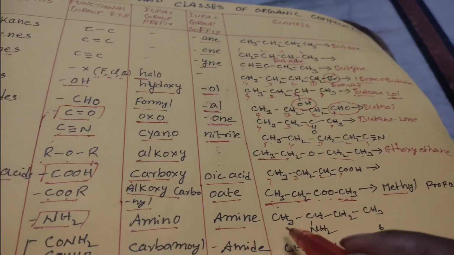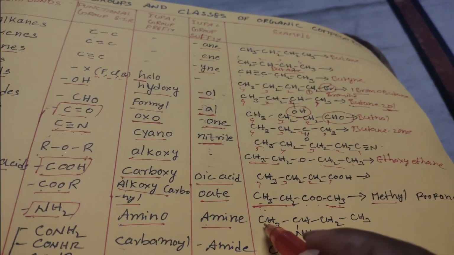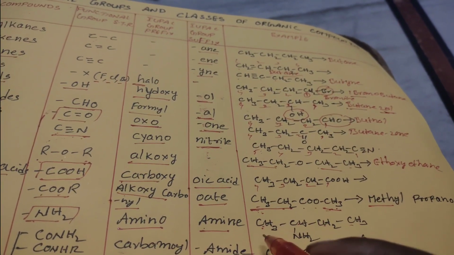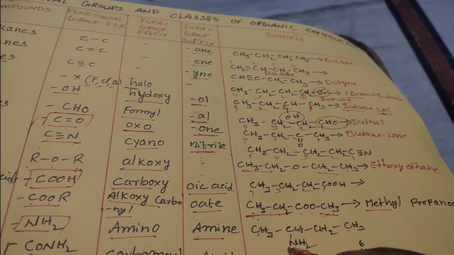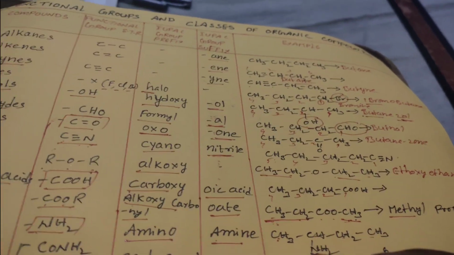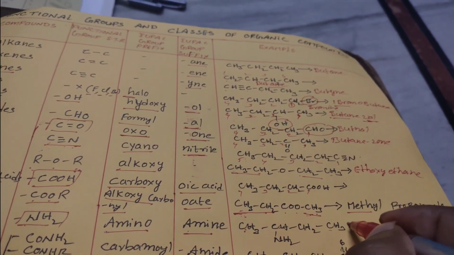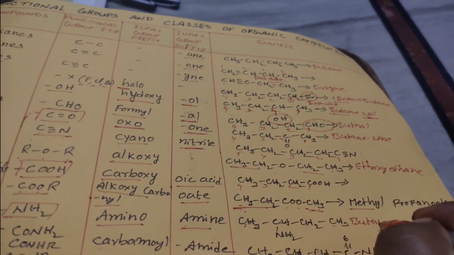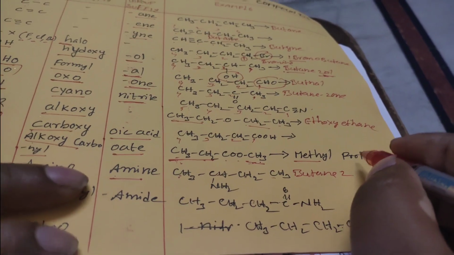So here I am writing one of the structures. The total number of carbons present in the given structure is 1, 2, 3, 4. So the root word is but, and the second position carbon has the amine group. So the name of the compound is butane, and at the second position it has the amine group, butan-2-amine.